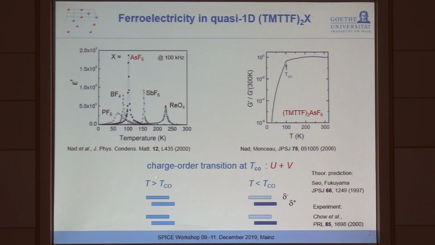And the notion is that at high temperatures, the charging of this molecule is homogeneous. It's half a hole on average per molecule. And when you cool below the charge order transition temperature, then you have a charge ordering or charge disproportionation. The charge alternates between charge rich and charge poor across the stack.